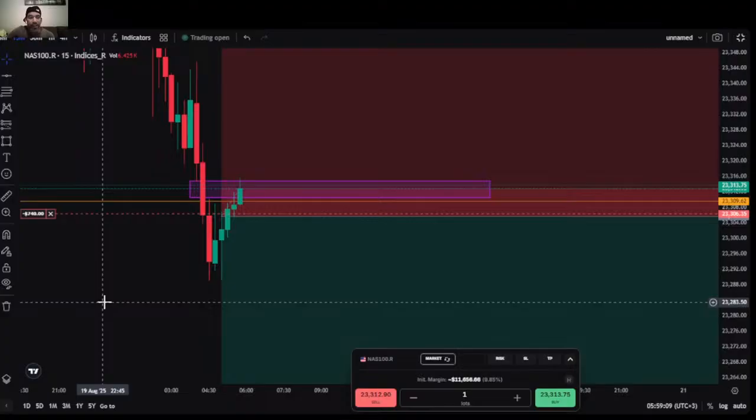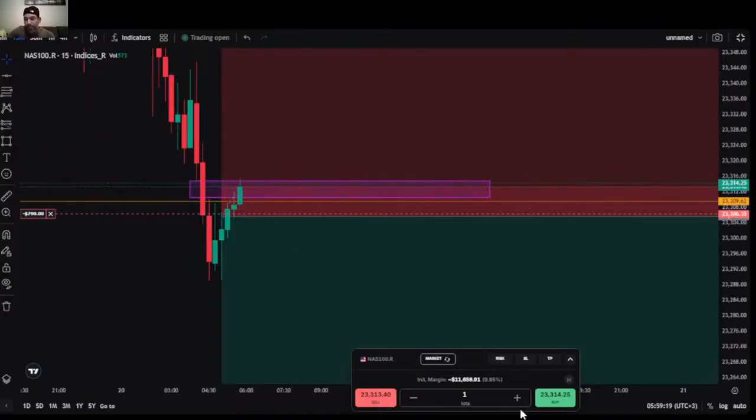Oh, that's right, TradeLocker. It's still got about 40 seconds. I mean, it's still up there. It hasn't invalidated as far as the FVG, but it's closing back in the range.